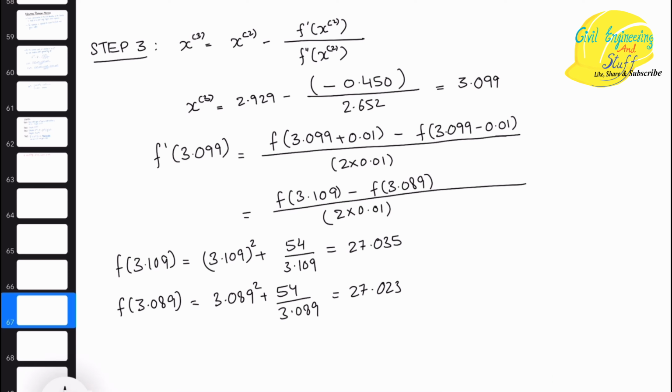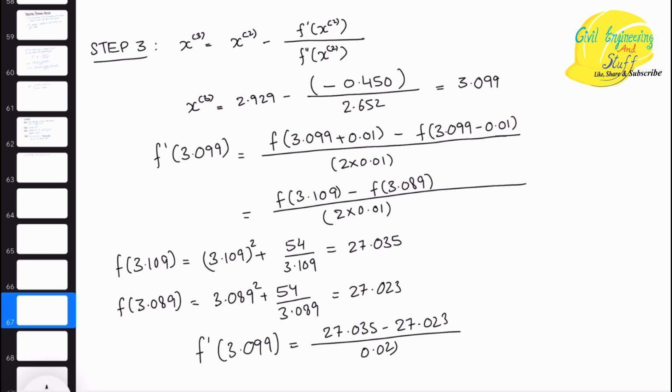So on putting the values, the solution for f dash 3.099 will be 27.035 minus 27.023 divided by 0.02.